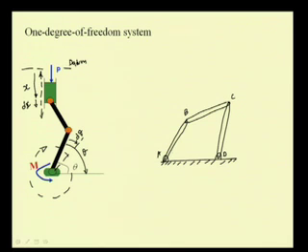So, if I say that this is my crank or my input link and its angle is theta, and these link lengths are constant because these links are rigid.